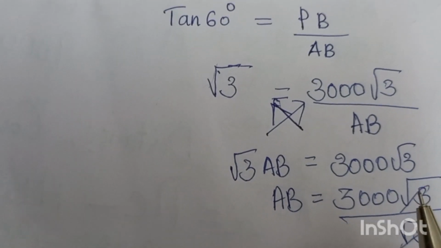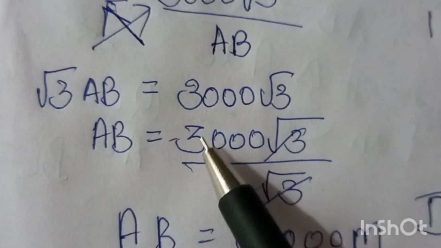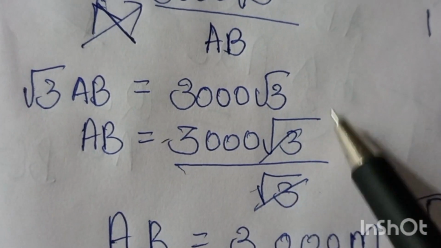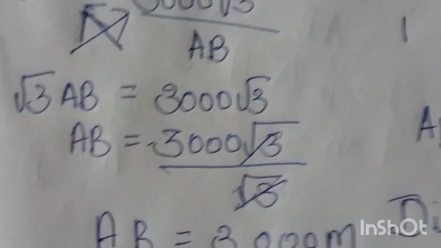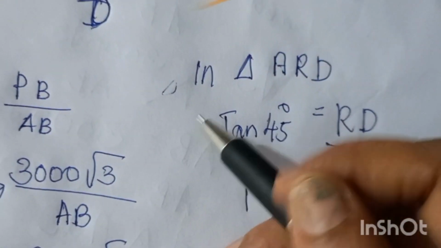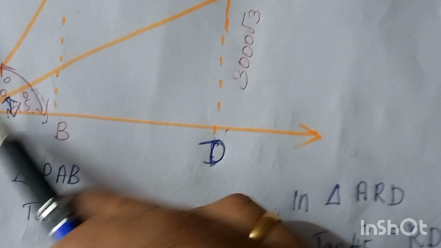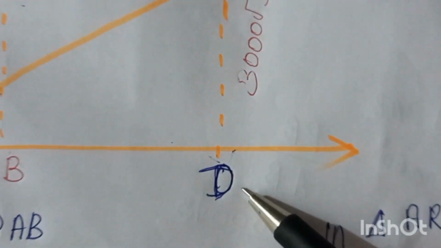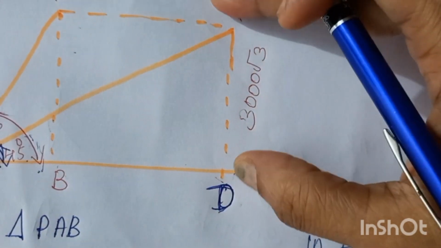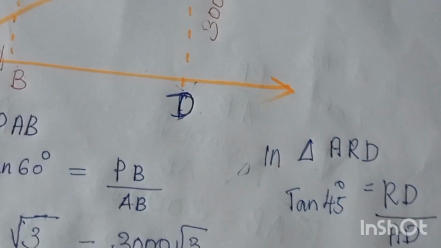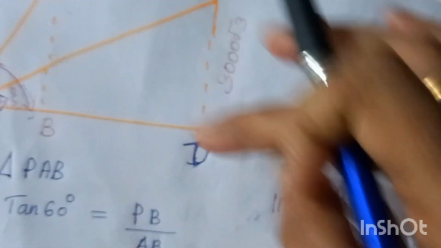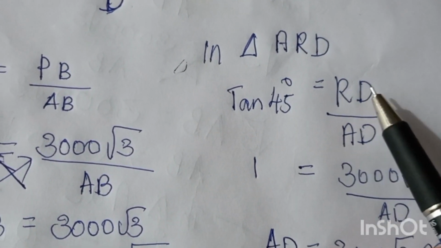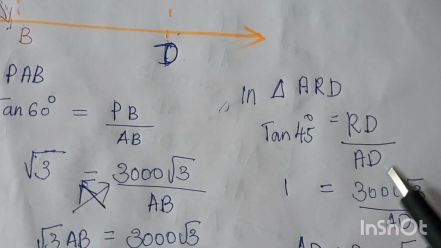Okay. Then in triangle ARD, tan 45 degree is equal to RD divided by AD.